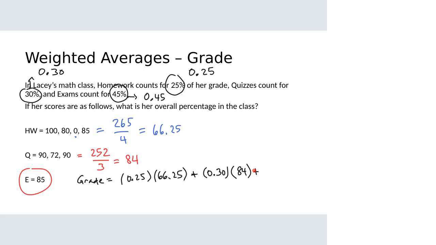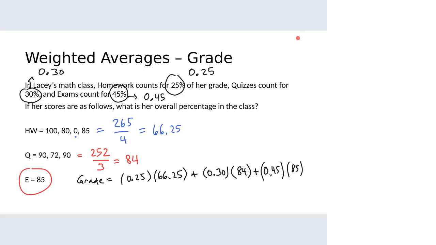And 45% of her grade is an 85. And that's how we take care of these weights. 0.25 times 66.25. We multiply the percentage times the raw score.